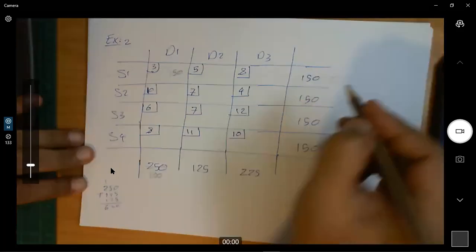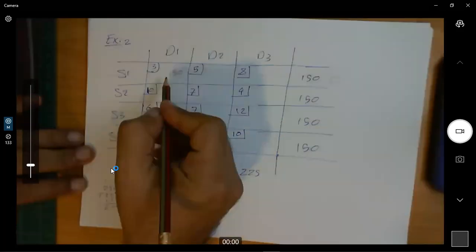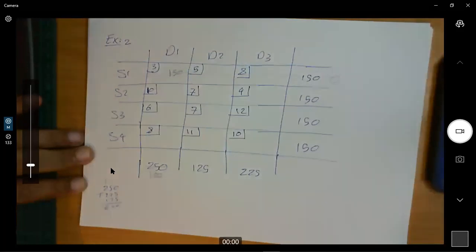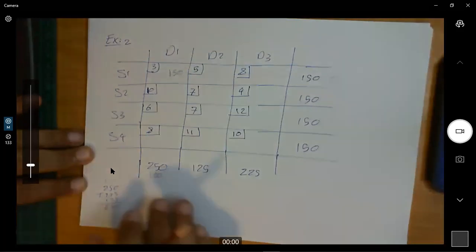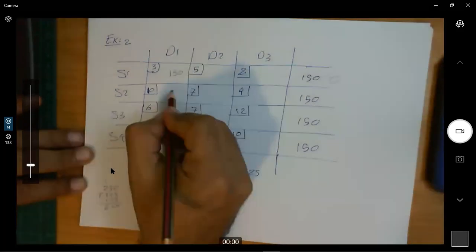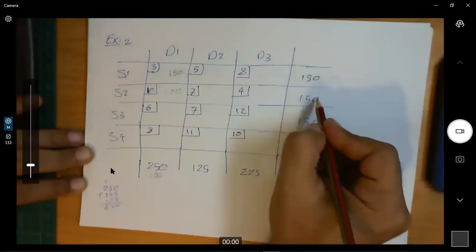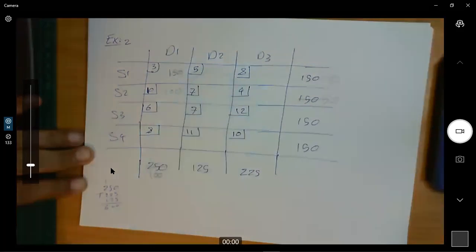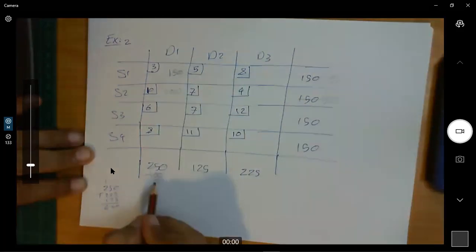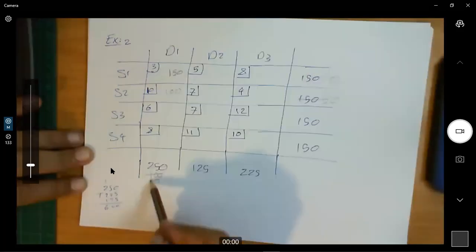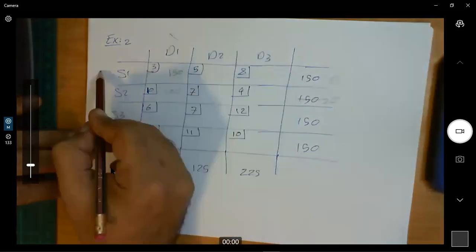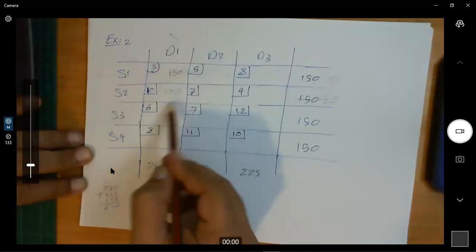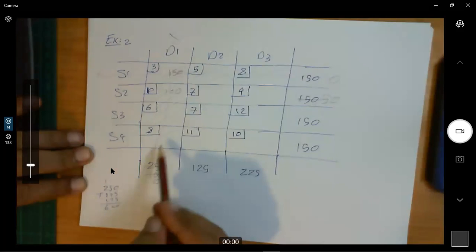Okay, we consumed all the supply here. Now northwest 100. Here we have 50. Here we have zero demand, so this is out of the problem.